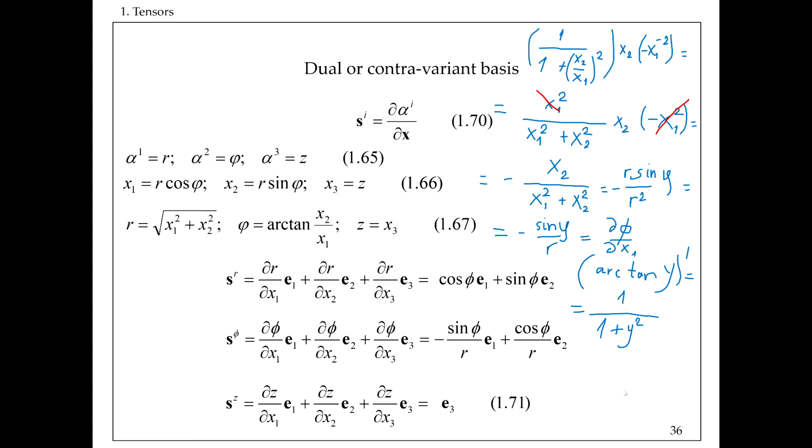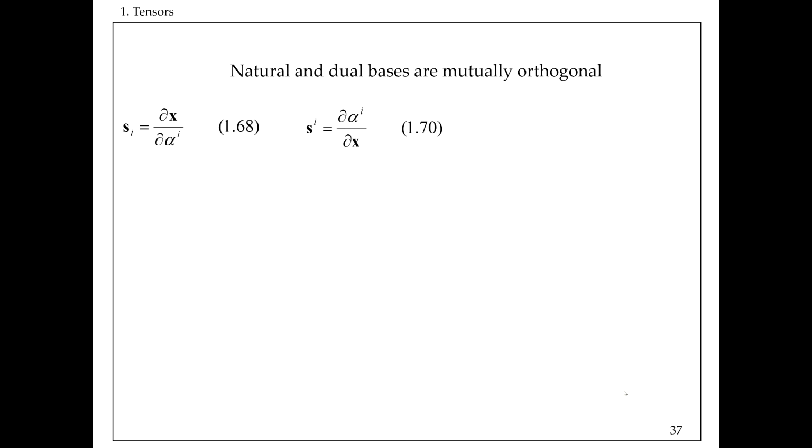So next, let's look into the relationship of our natural and dual bases, or contravariant bases. The important property is that they are mutually orthogonal.